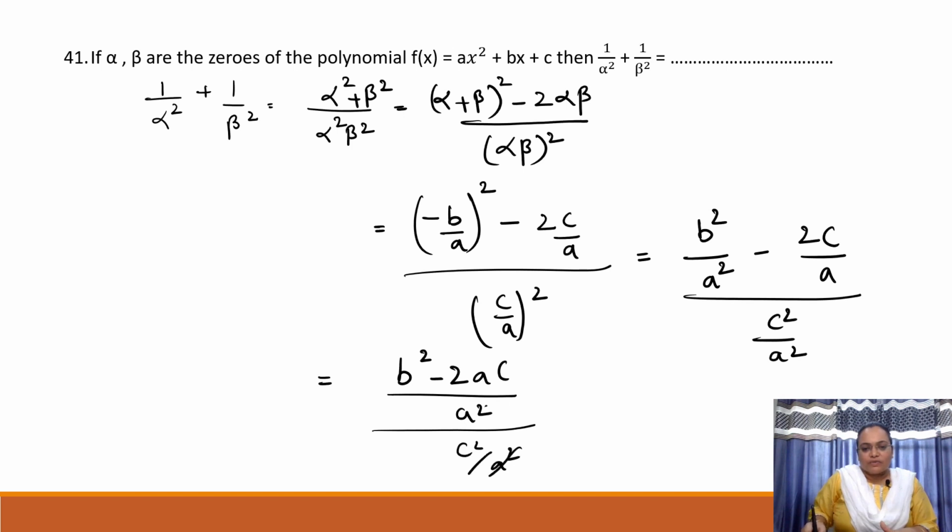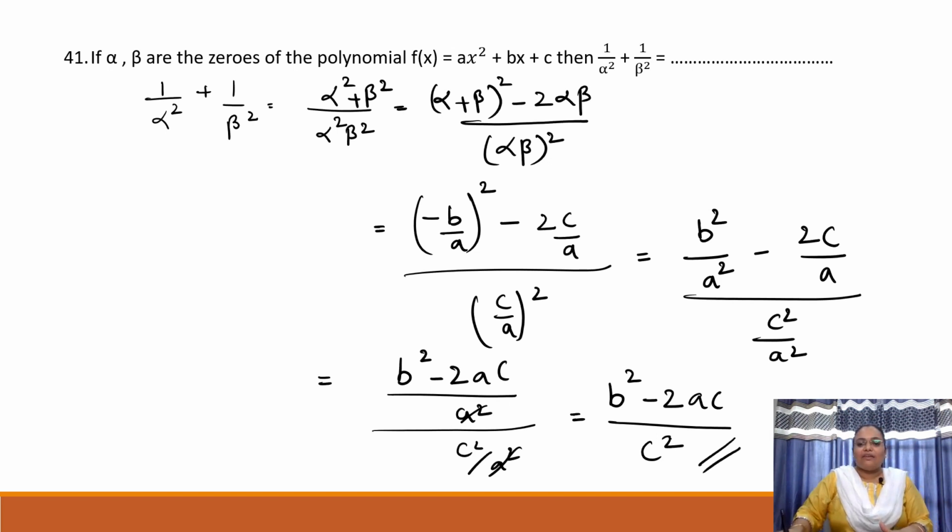So, a square will get cancelled. That will be b square minus 2ac by c square. Okay. This is the value for this.